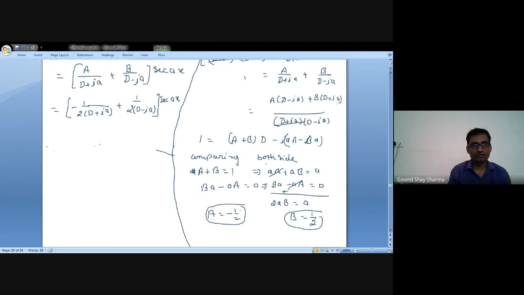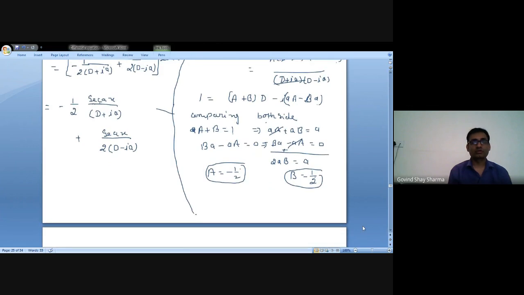Now we use the general method. Take this as I1, this is equation number 1.